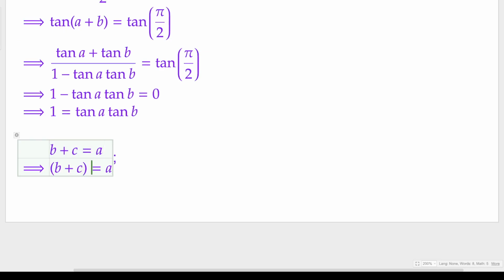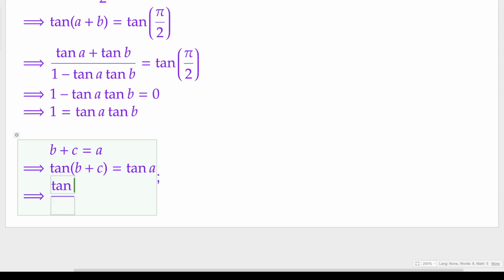Now I will be applying the tan function on both sides. So this b plus c will be the argument for this tangent function, and for this, tan a. Now I will be applying the identity again. So that is (tangent of b plus tangent of c) over (1 minus the product of tangent of b and tangent of c), and this is equal to tangent of a.